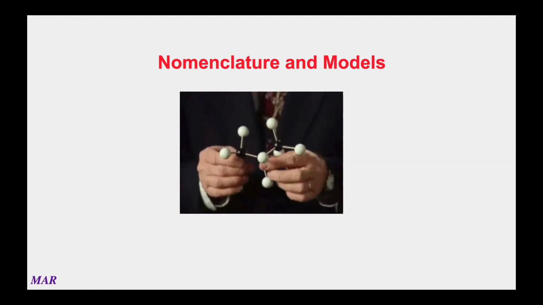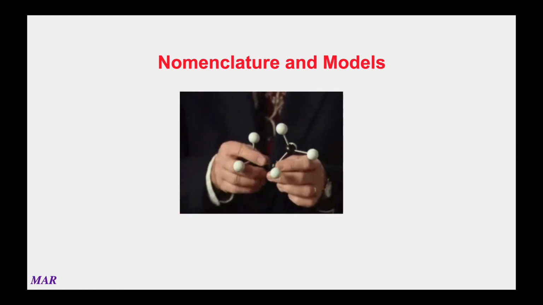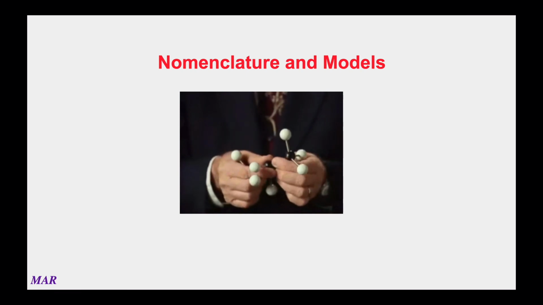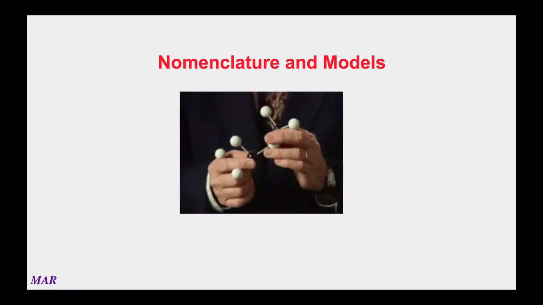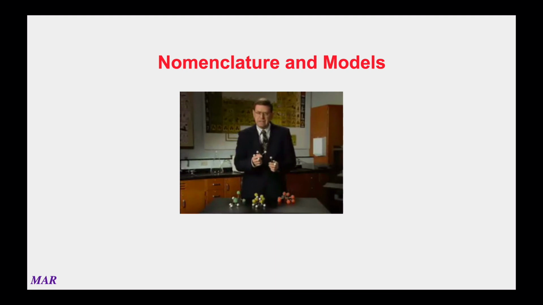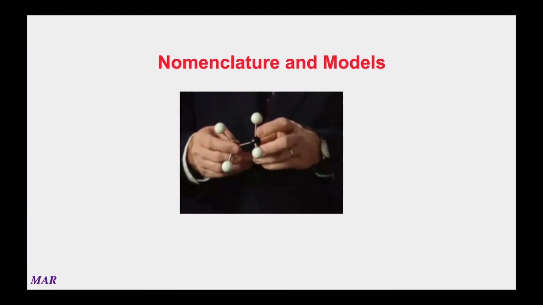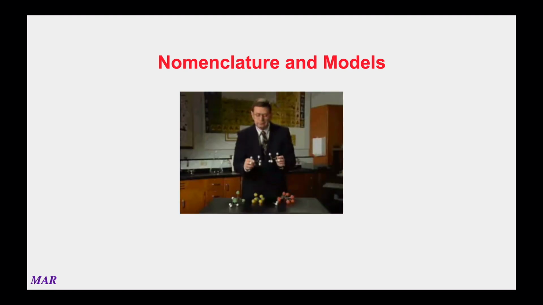If we wanted to go from a propane to an ethane, we would remove that specific member of the homologous series, a CH2 group. Reconnecting the carbon atoms, then we're back to our ethane.